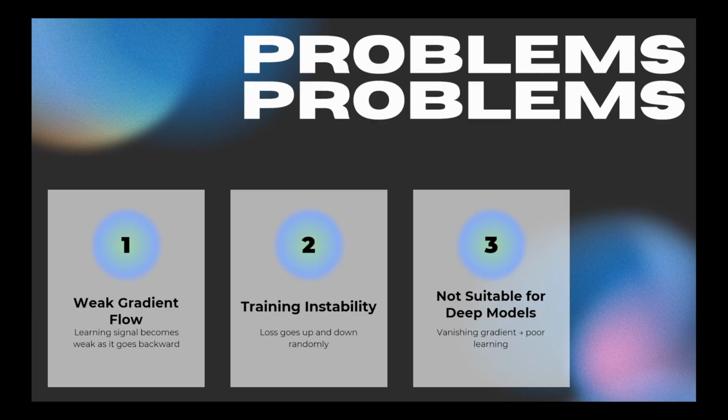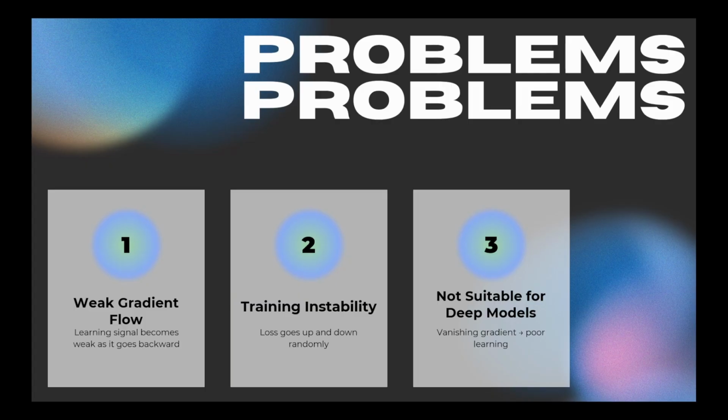When researchers increased the number of transformer layers, the gradient in the early layers became very weak, very small. So learning becomes very weak as it goes backward. The second problem was training instability. During training, the loss goes up and down randomly. It is not stable. In the next slide you will see what I mean.